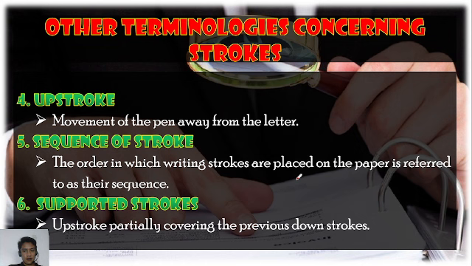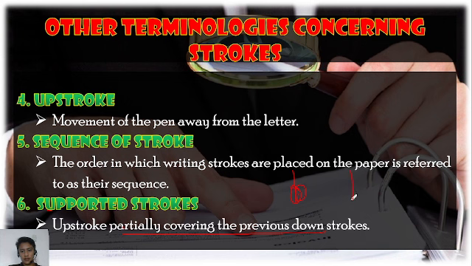Okay, another one is supported strokes. Upstrokes partially covering the previous downstrokes. These are common on small letters in cursive. So the supported strokes, these are usually the supported strokes, partially covering the previous downstrokes.